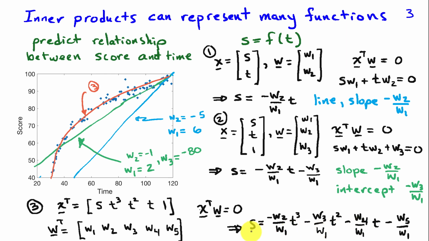So in this case, s is a cubic polynomial or a cubic function of the time variable t. I didn't specify values here, but as we allow s to be polynomial functions of t, we're going to be able to capture some curvature with our approximation.